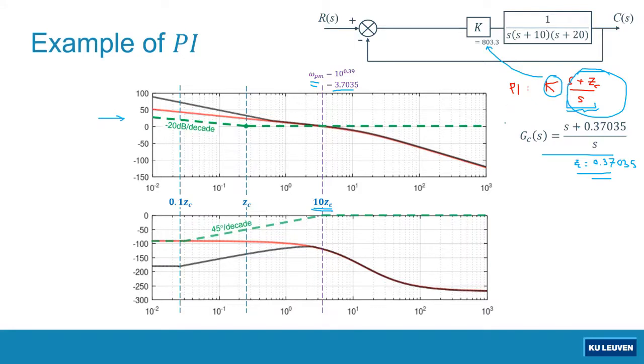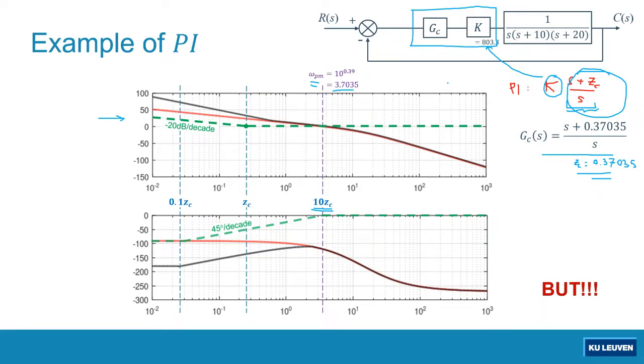I will put it again in my open loop transfer function. So in total then, these two blocks represent the PI controller that I just designed, right?